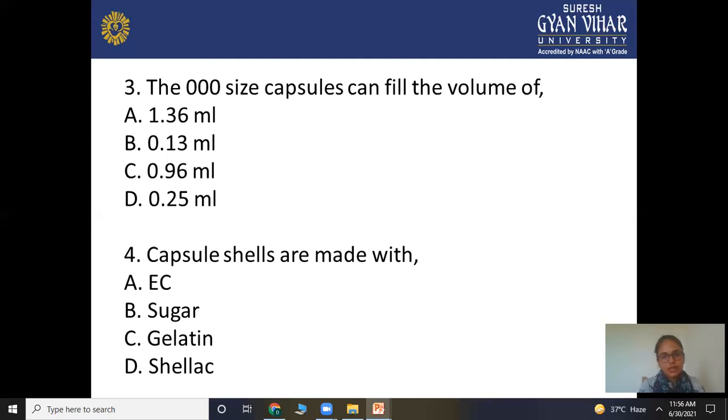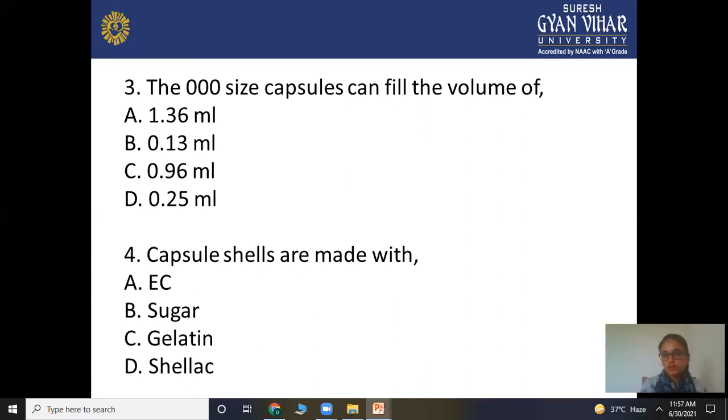Next, the fourth question is capsule shells are made from. We already covered how the capsule shell is formed, which parts it contains, which excipients are used, and how you form the shell of a hard gelatin capsule. Out of the ABCD options, you can select any one correct option.